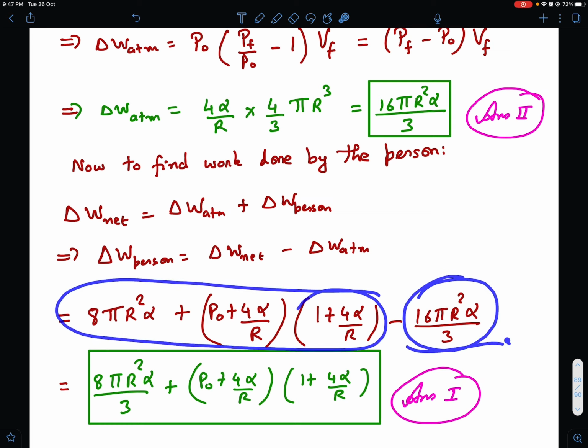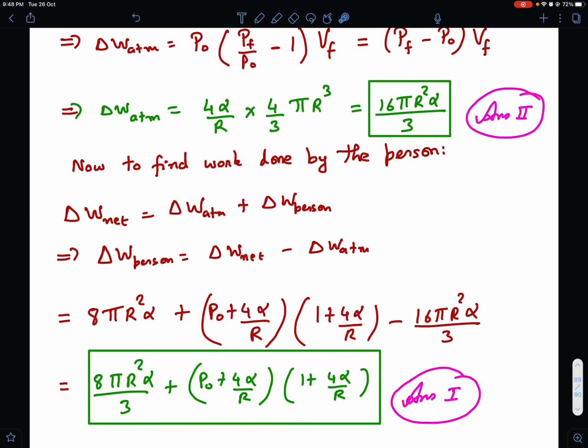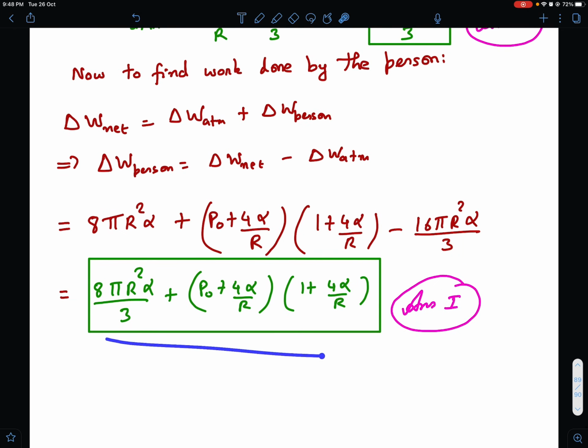So this was the total work done, and you subtract the work done by the atmosphere, and this is what you get for the work done by the person. So this was the interesting interpretation of this problem, and I hope now this analysis is crystal clear to you, and this question will not cause any trouble for you.